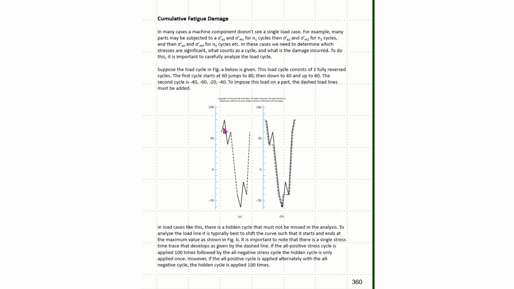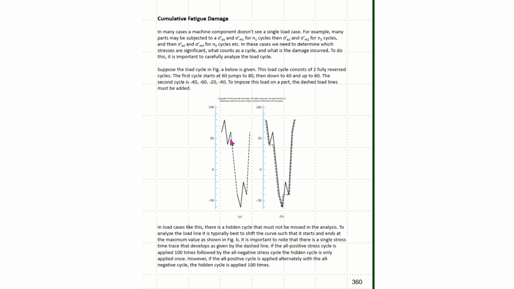So to do this, typically what you want to do is come to the peak value in the load cycle and start your curve with this peak value. So I'm going to come here to the 80 and then propagate the curve out till it repeats itself back here again at the 80. And when I do that, I can see this dashed line illustrates an underlying hidden fluctuation curve, which in this case is actually the critical curve.